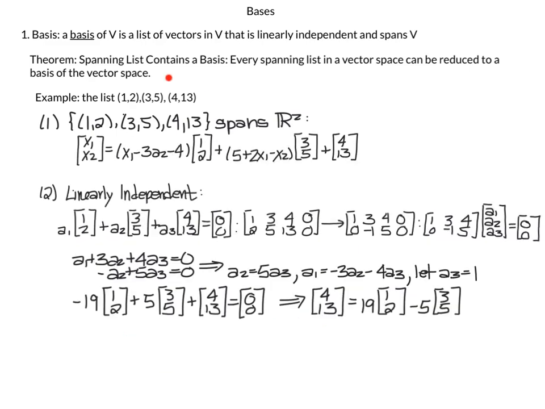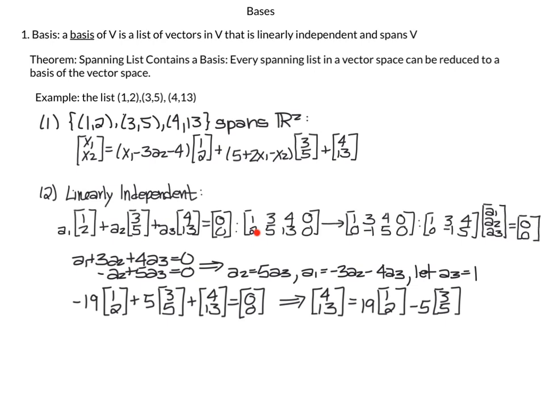To be a basis, these three vectors must also be linearly independent. So I set up my homogeneous equation, my scalar A1 times my first vector 1, 2, plus my scalar A2 times my next vector 3, 5, plus my scalar A3 times my third vector 4, 13 set equal to my 0 vector.